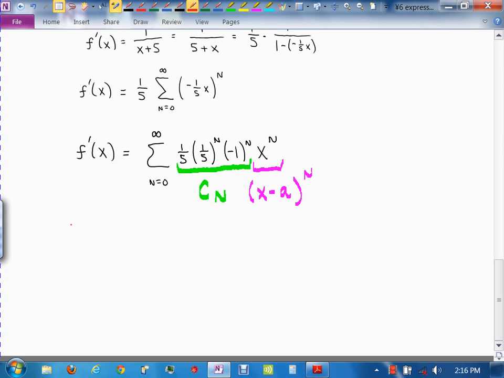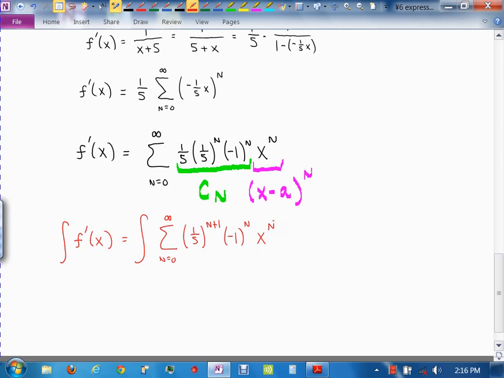So this is what I was trying to get to. I'm going to now take the antiderivative on both sides. The antiderivative of f prime of x equals the antiderivative of the sum from n equals 0 to infinity of 1/5 to the n plus 1, negative 1 to the n, x to the n.